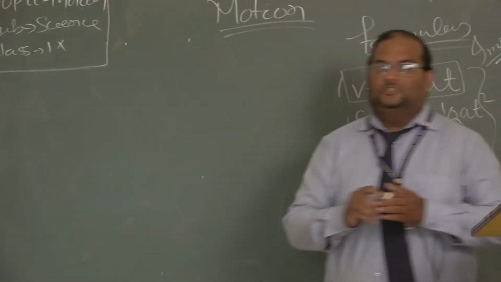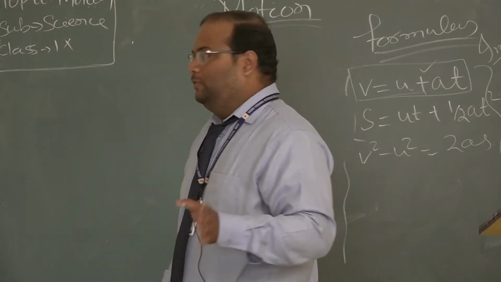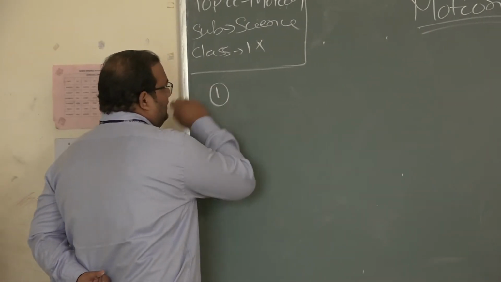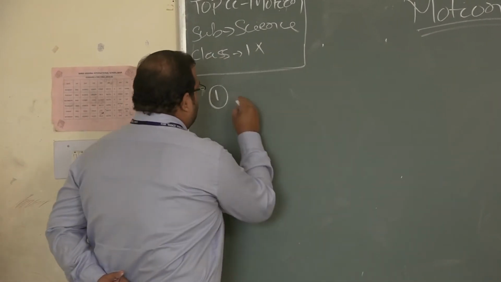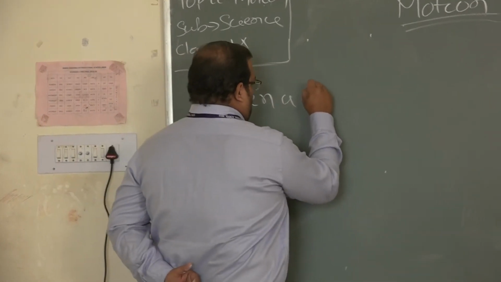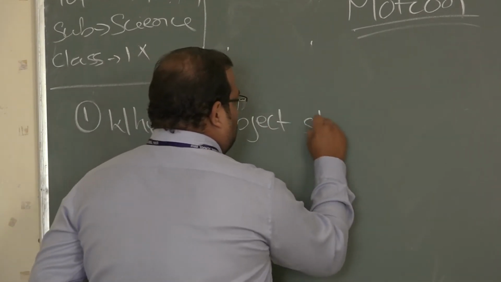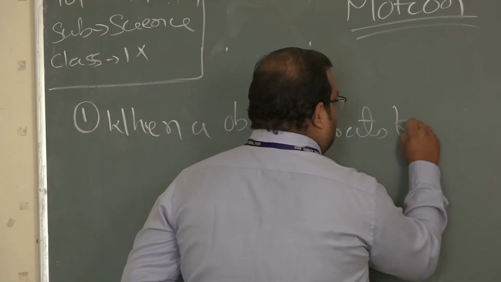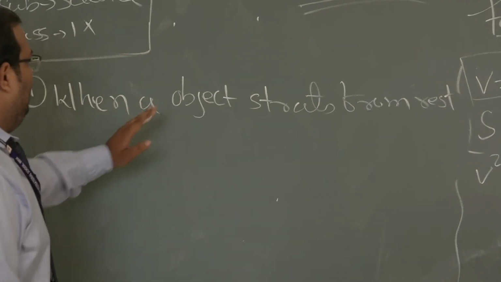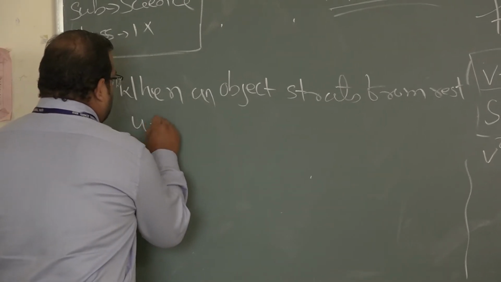there are 5 points to be remembered, after which you will be able to solve any kind of problem in the book. First point, just note it down properly and try to understand. When an object starts from rest, then u = 0.